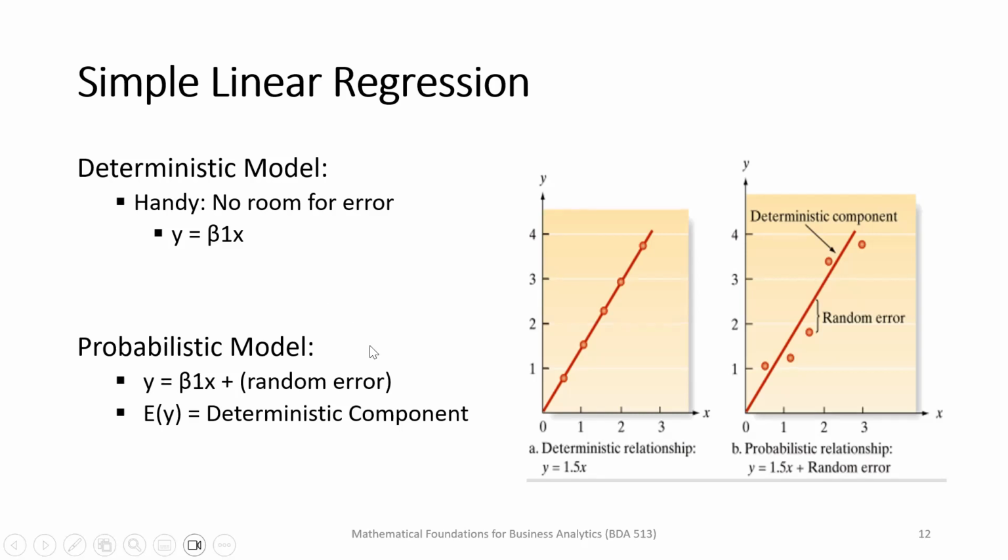So we have x and then y. Y is the dependent variable, and then x is the independent variable. Don't worry, I will explain all that as we go along.